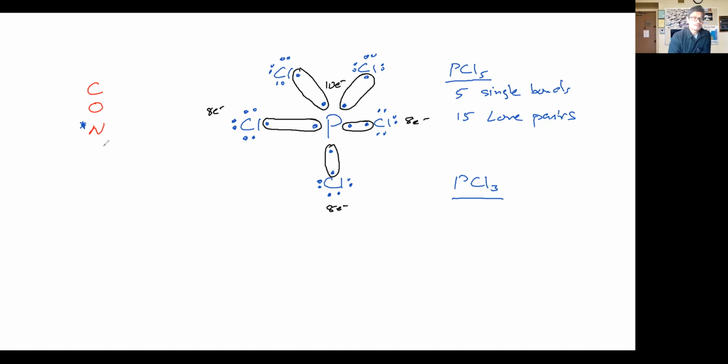So carbon, oxygen, nitrogen. Then we have all the halogens: fluorine, chlorine, bromine, and iodine, for the most part. These elements right here, the ones I've listed for you, must always adhere to the octet rule.